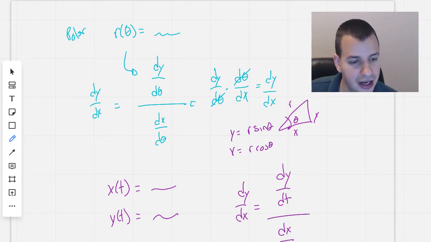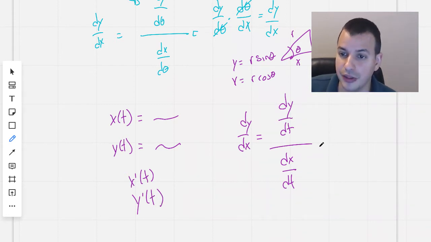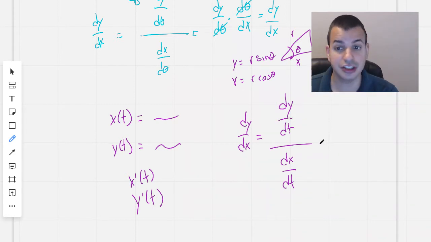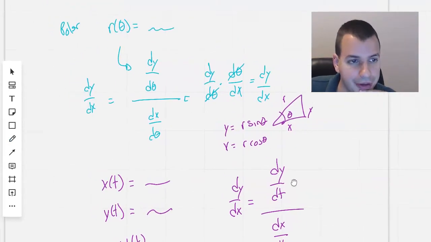You find x prime of t, scroll down, you find your y prime of t, and then you put them in, divide the two, and you get some sort of slope, or derivative, which will then give you the slope at any given point.